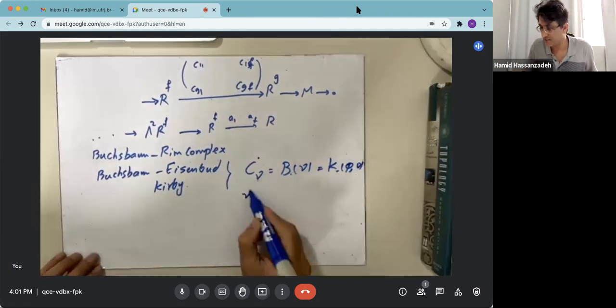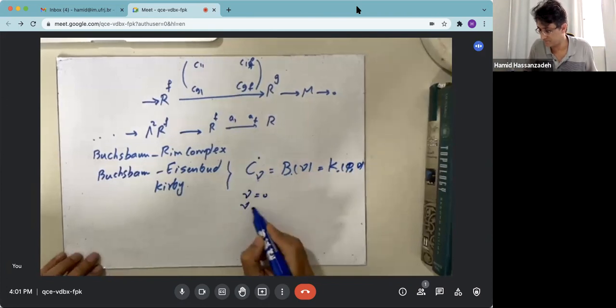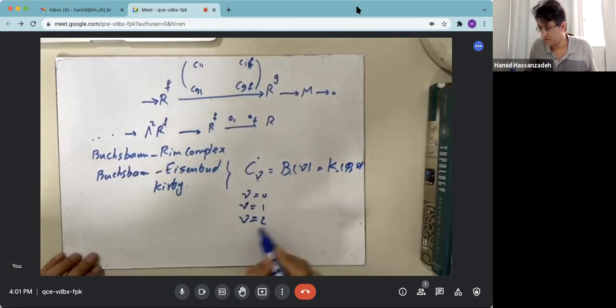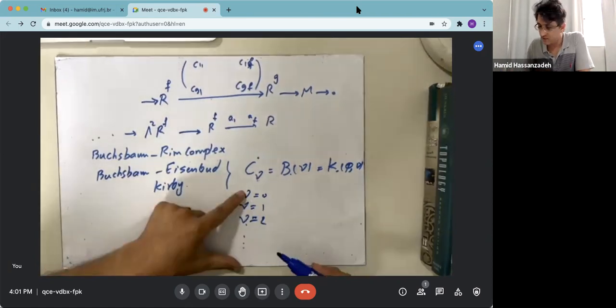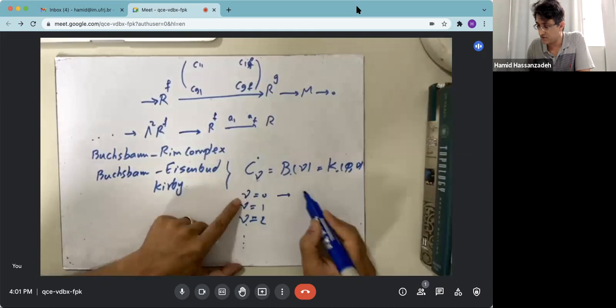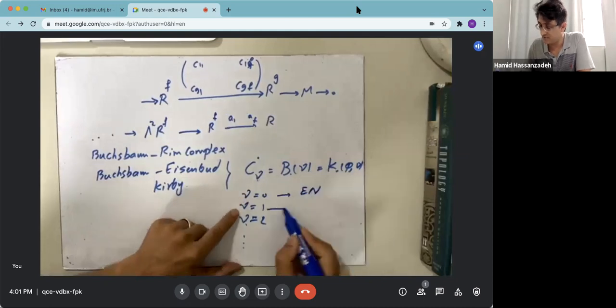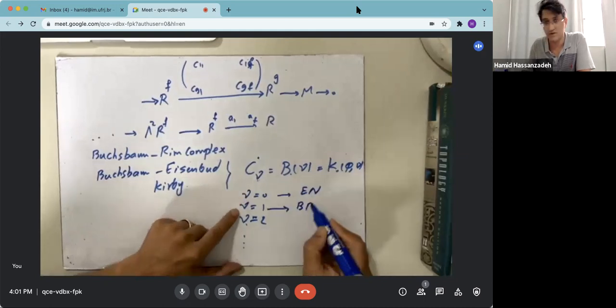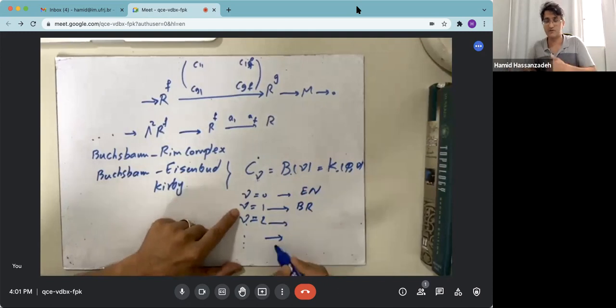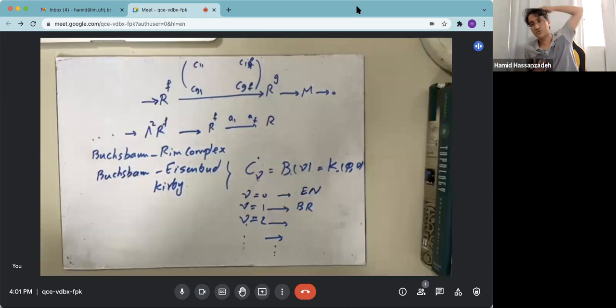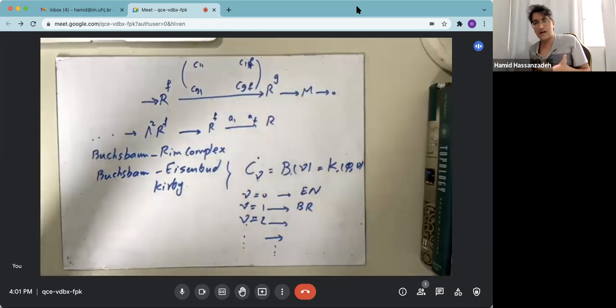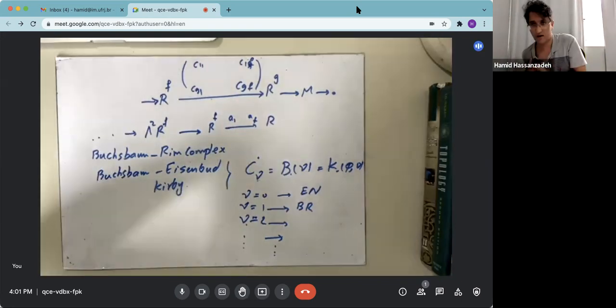So they created a new family of complexes that are generalizations of the Koszul complex, and the zero element of this family is the Eagon-Northcott complex. The first element is the Buchsbaum-Rim complex, and so on. So this is a generalization of the idea of generalizing the Koszul complex by Buchsbaum and Eisenbud, and they created a family of complexes.